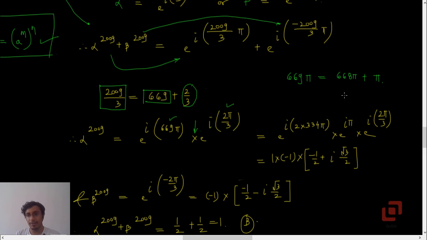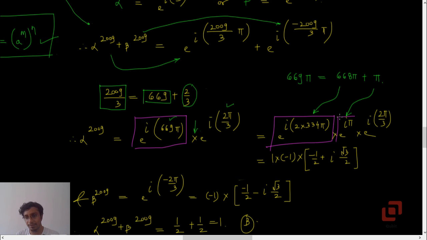If you split it, then you get e to the power i pi corresponding to the pi part, and 668 pi, or e to the power i into 2 into 334 pi, as the first part. e to the power i 2 pi by 3 remains the same. So this complex number here has now been split into two complex numbers, this one and this one.